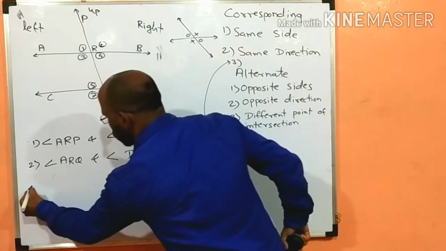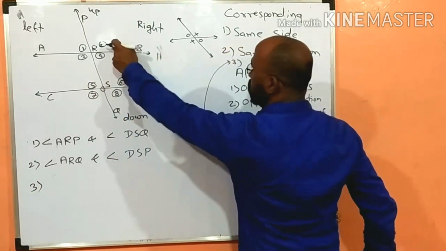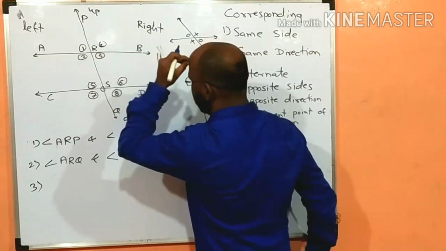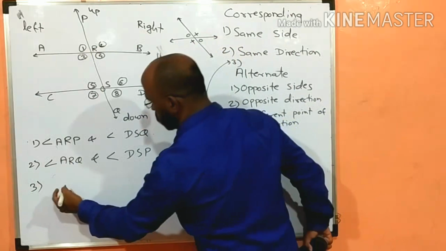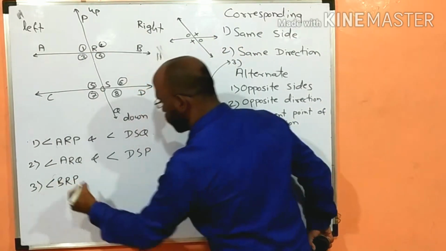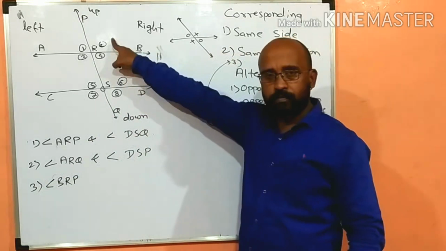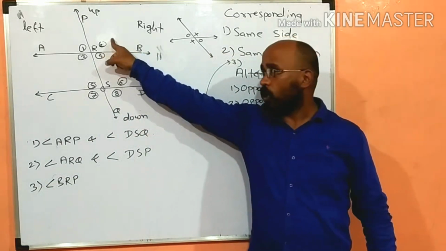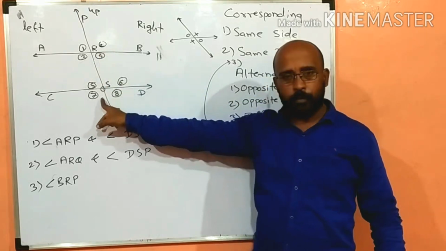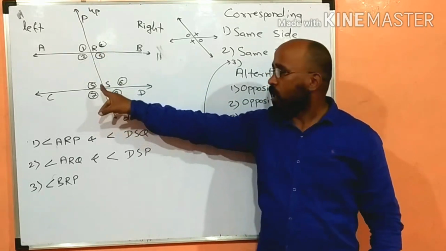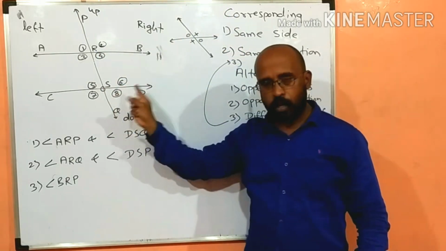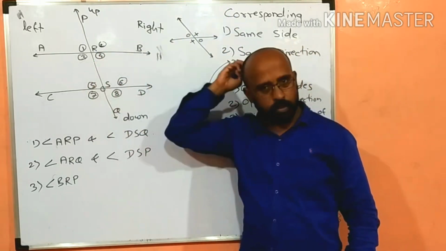Let us see next angle number 2, PRB. Sorry, BRP or PRB, both are same. Angle BRP. Angle BRP is here. We have to search its alternate angle on different point of intersection, means not at point R but at point S. Okay, now here we have to search alternate angle on opposite side of the transversal.